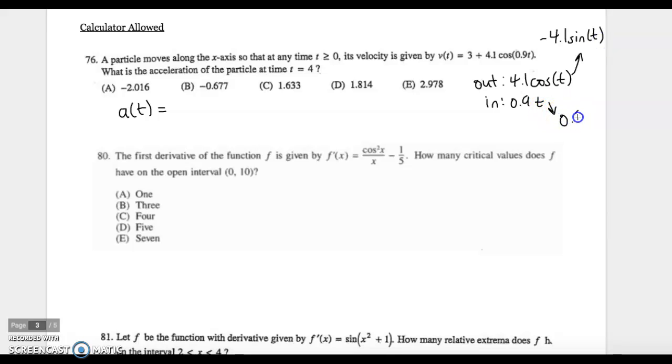Derivative of the inside is 0.9. So my a of t, derivative of 3 is 0, so that just goes away. Derivative of this would be the derivative of the outside, keep my inside the same, times the derivative of the inside, 0.9. And I'm trying to find that at 4, so I'm going to find a of 4 by plugging in 4 there.